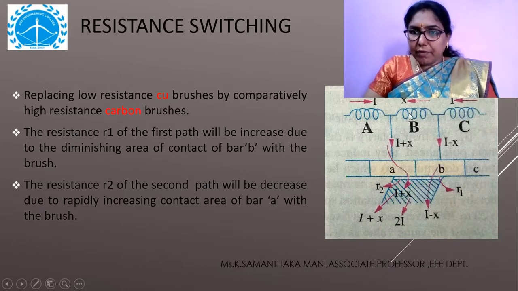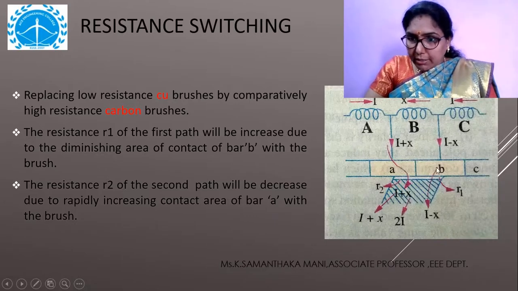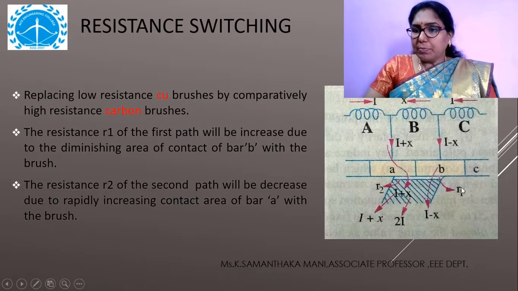The current obtained from coils A and B together is capital I plus small x, and from B and C through segment B it is capital I minus x. If I sum them up, a total current of 2I flows through the brush, collected by the brush, no doubt. The resistance of the brush in contact with segment B is small r1, and the other, in contact with segment A, is small r2. This is the first condition I am considering.